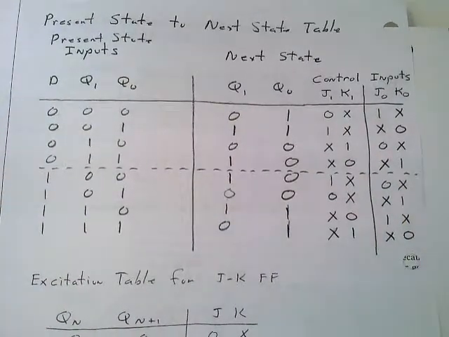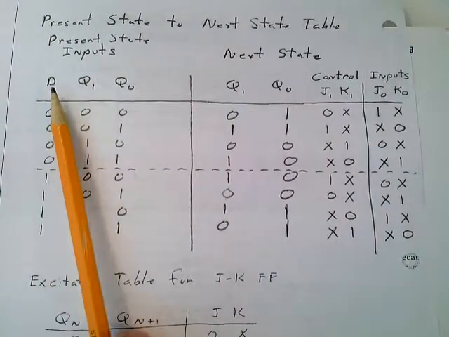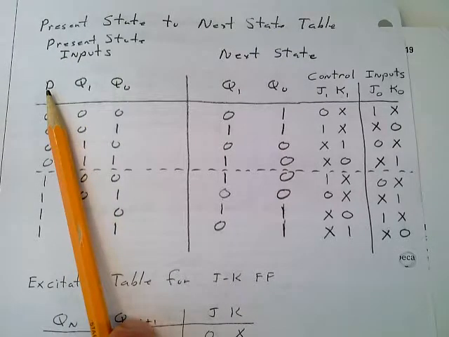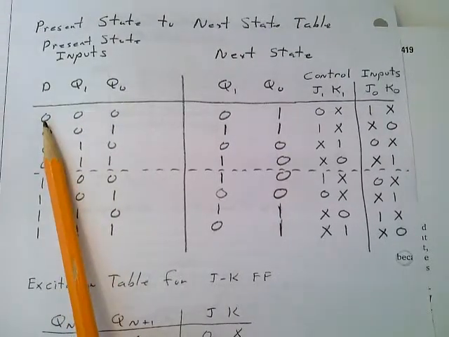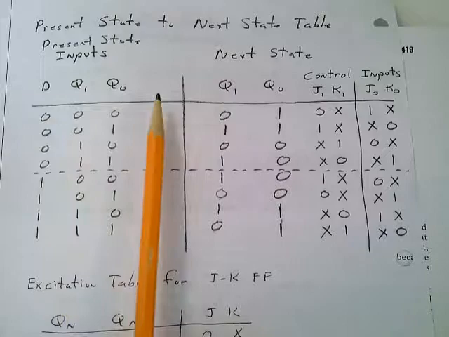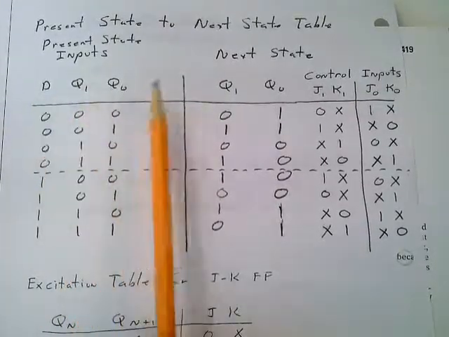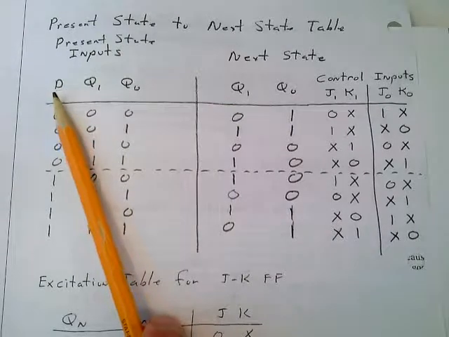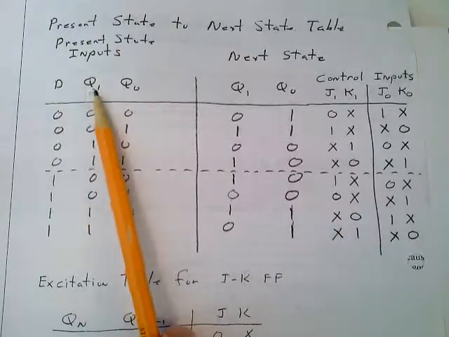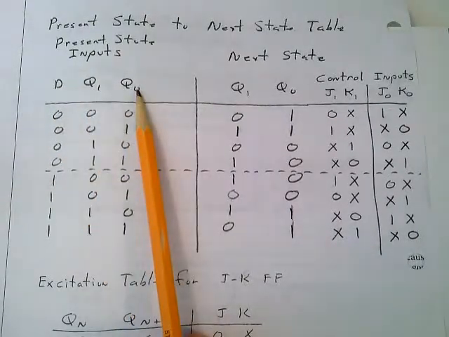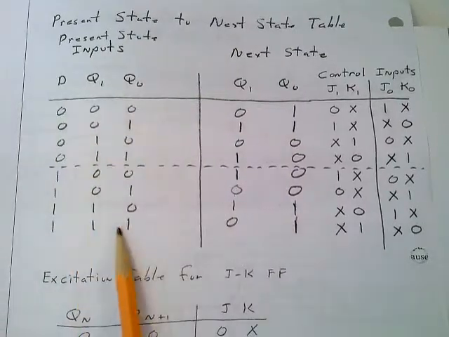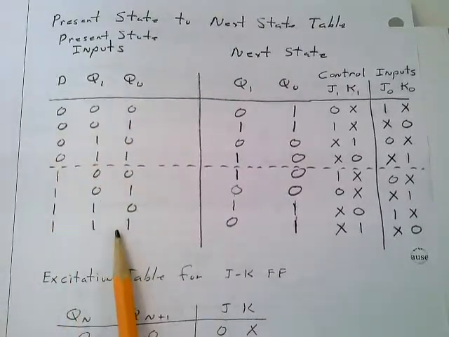What I've done is I added my asynchronous input, my directional input, which just forms a third bit here. And generally, you can put it on this side, you can put it over here. It's just how you lay out your 3 variable K maps here. So I have 3 inputs, D, and then my flip-flops, Q1, Q0. And that's going to give us 8 possible states, and I list them.